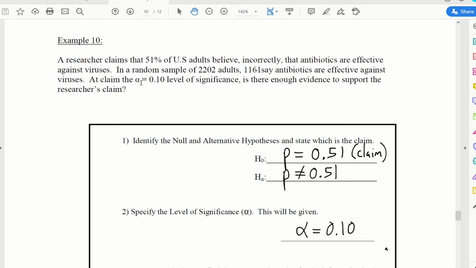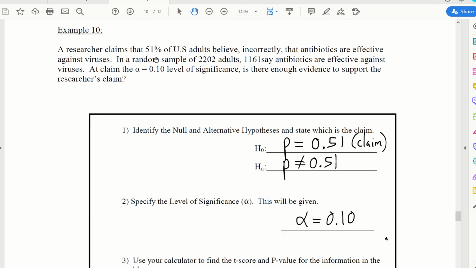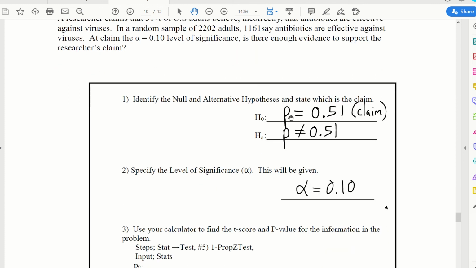Let's test the claim at the 0.10 level of significance. They're claiming that the proportion is equal to 51%. So our null hypothesis is that p equals 0.51, and that's the claim. The alternative hypothesis is that p is not equal to 0.51.